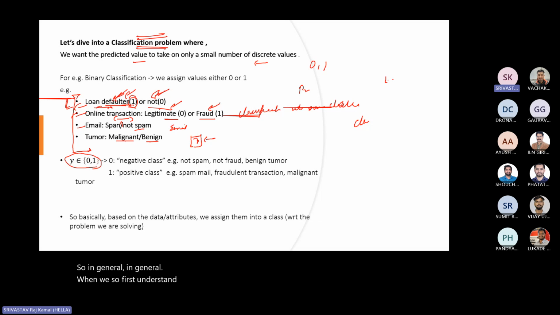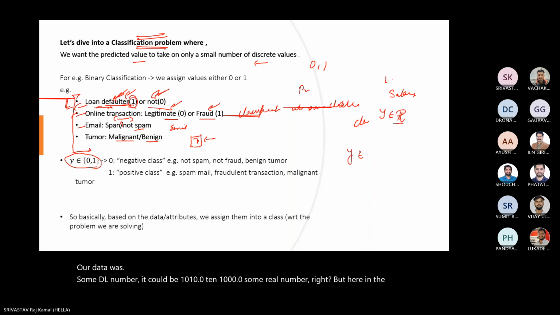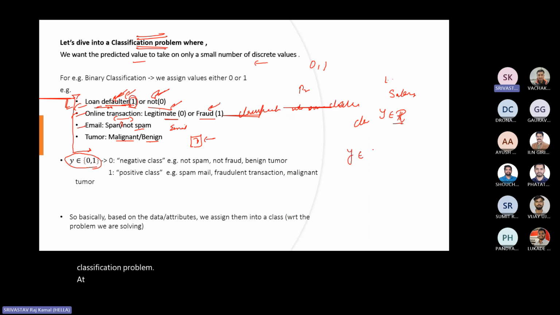So first understand this. In linear regression, in the salary example, our data was some real number. It could be 10, 10.0, 10,000.0, some real number, right? But here in the classification problem, our class output is going to be either 0 or 1.